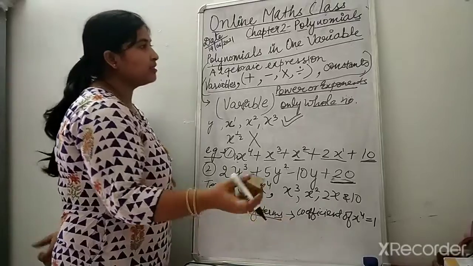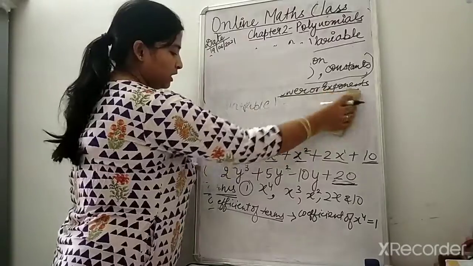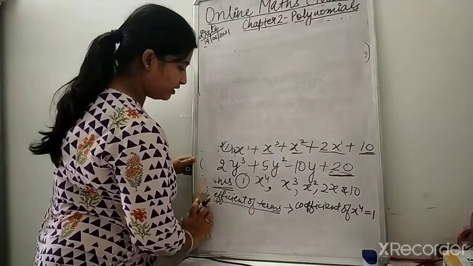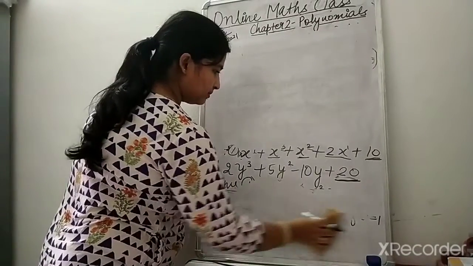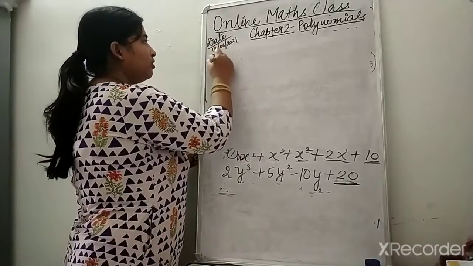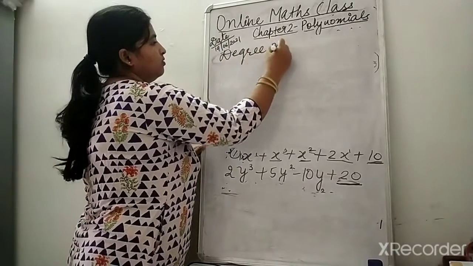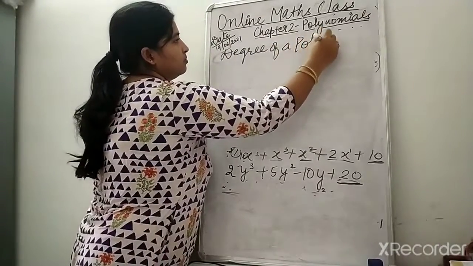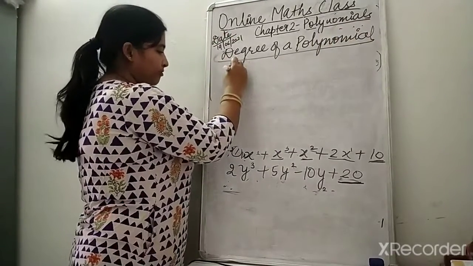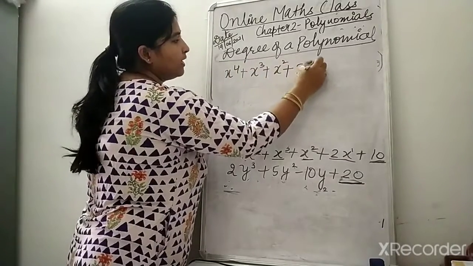Now another topic we will discuss is the degree of a polynomial. I will take the examples I already have written. The first example was x to the power 4 plus x to the power 3 plus x to the power 2 plus 2x plus 10.